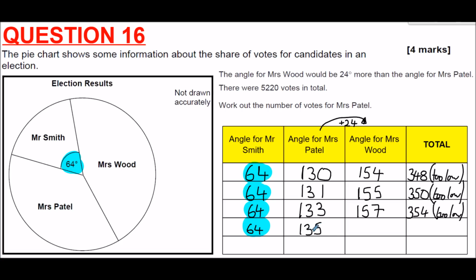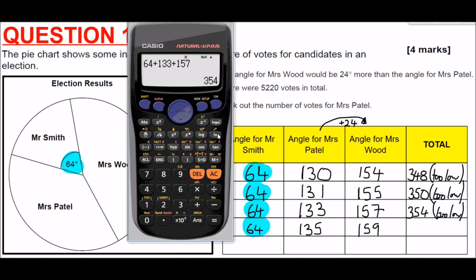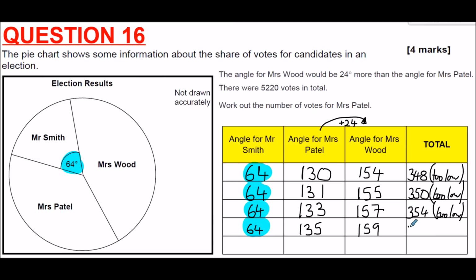If that's 135, add 24 for Mrs. Wood's angle, 159. Let's try these. 64 plus 135 plus 159, 358. Mega close now, but still a tiny bit too low. So because we're too low, we still need to make it a tiny bit bigger.